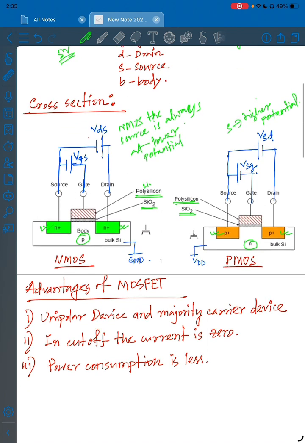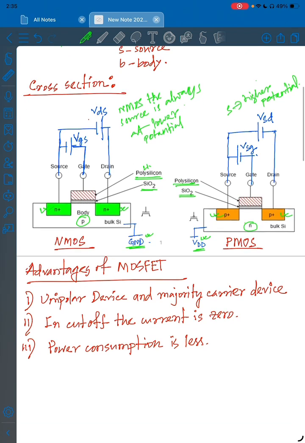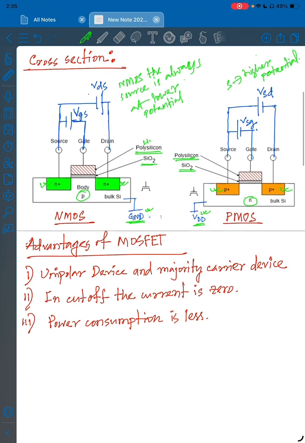Typically the body of the PMOS and the NMOS is connected to VDD for PMOS and ground for NMOS for operation.